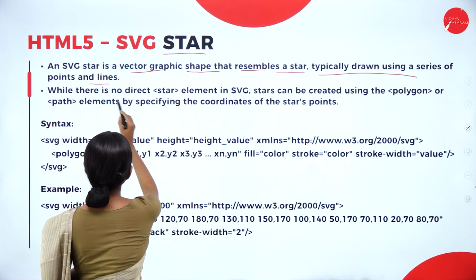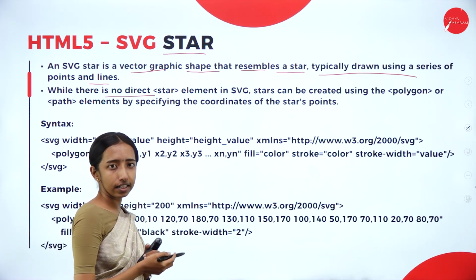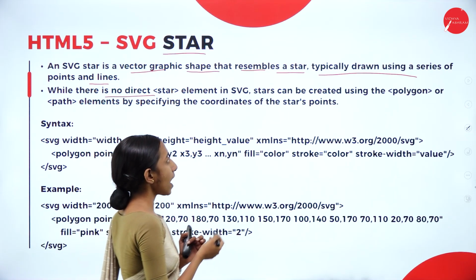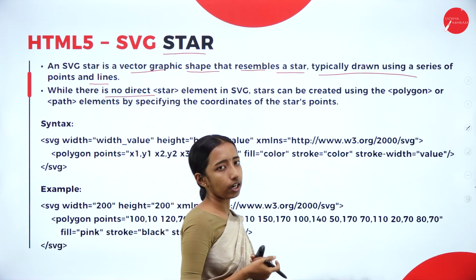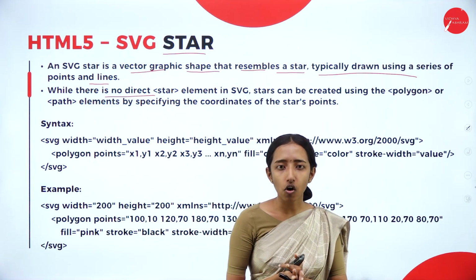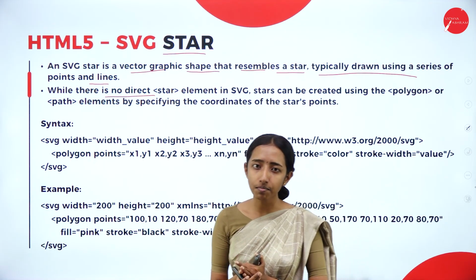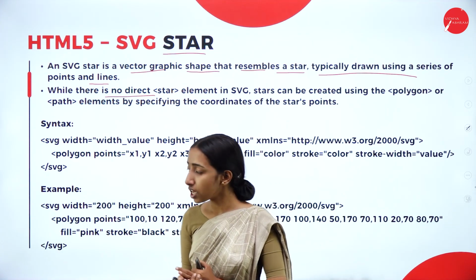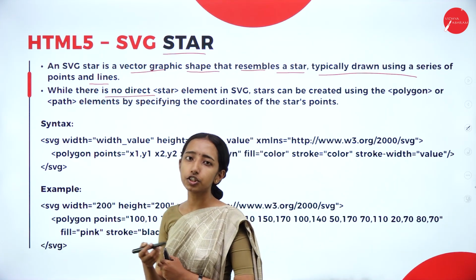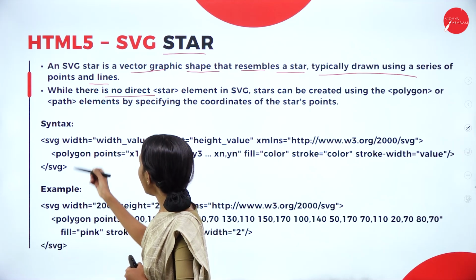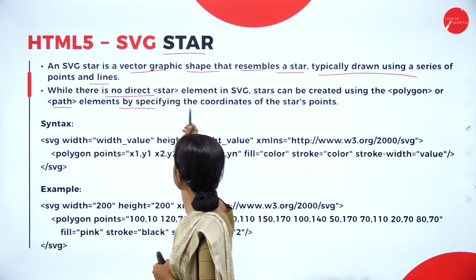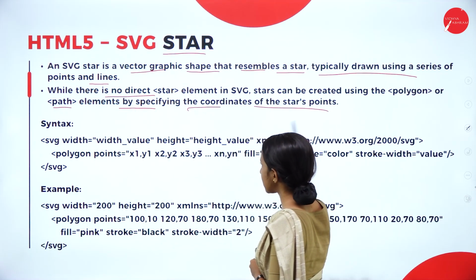While there is no direct star element in SVG, stars can be created using the polygon. The polygon is a concept where we create shapes in a closed format. So we will be using the polygon to draw the star. And here the path element can be specified for the coordinates of the star points.